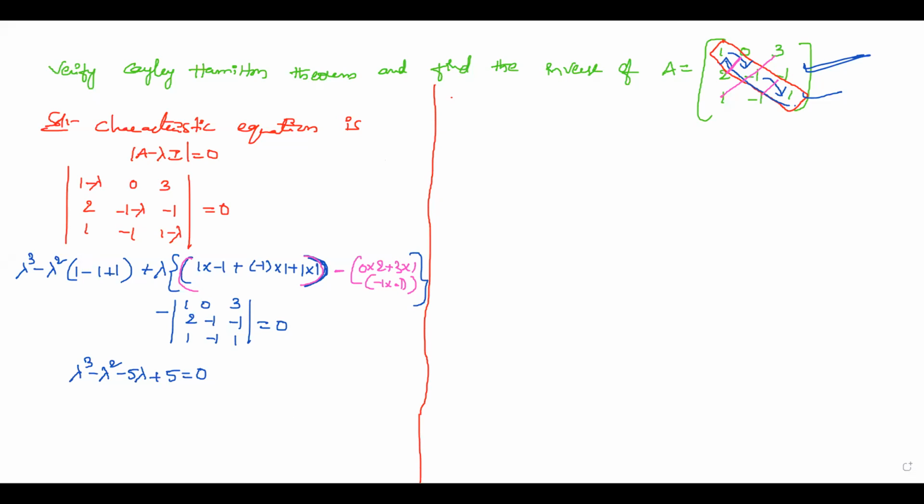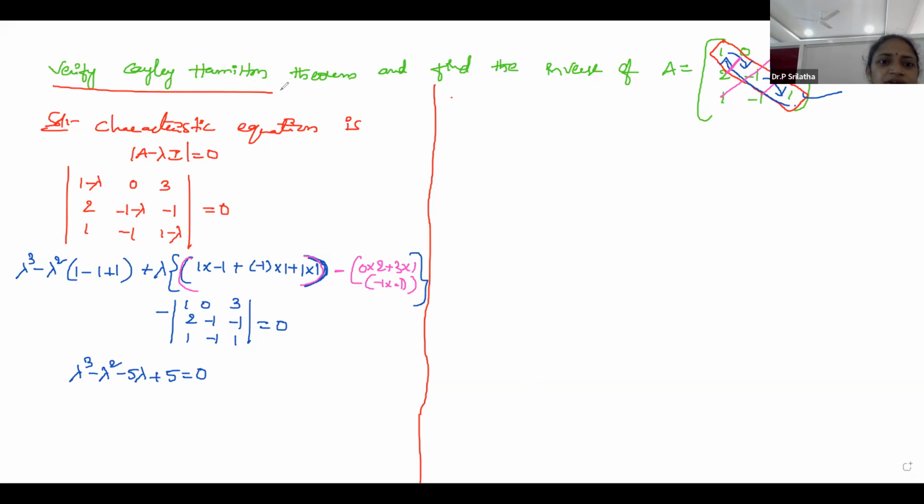Okay. So what is our next step? First of all, we need to hear the question is verify Cayley-Hamilton theorem, right? So for the verification, first we have to write the statement. For every problem, you need to write the statement.